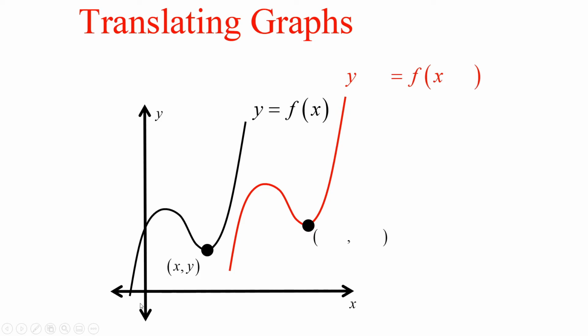So this is x translated h units to the right, so this is x plus h, all right? And then we translated upwards k units, so we're going to go y plus k. So that would be the coordinates of this point.